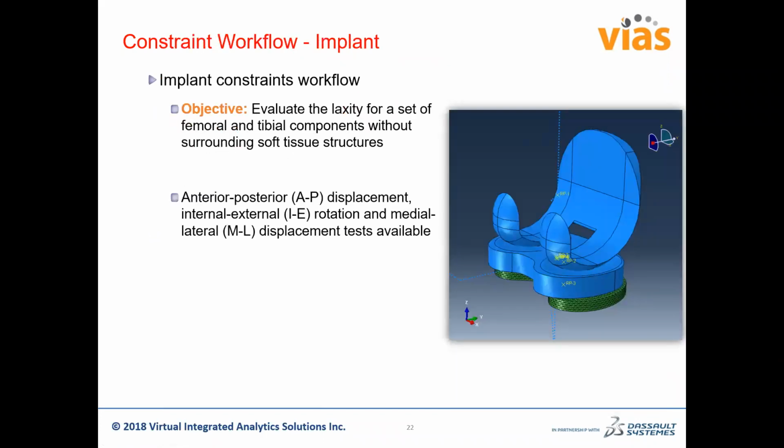Another workflow is the implant constraint workflow, where we analyze the laxity between the femoral and the tibial component. And this laxity is analyzed in the absence of any soft tissue.